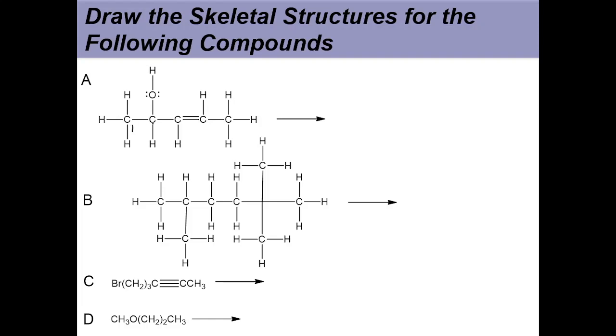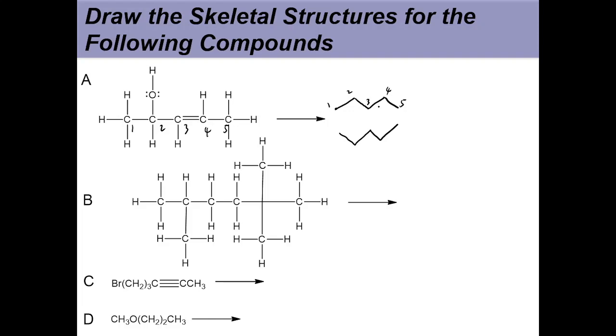There's 1, 2, 3, 4, 5 carbons with a double bond between number 3 and number 4. So make sure you start from 1 carbon, a dashed line, that's actually 2 carbons, 3, 4, 5. It doesn't really matter whether you go backwards, as long as you draw 5 carbons. Now, you can confirm that by counting the carbons again.